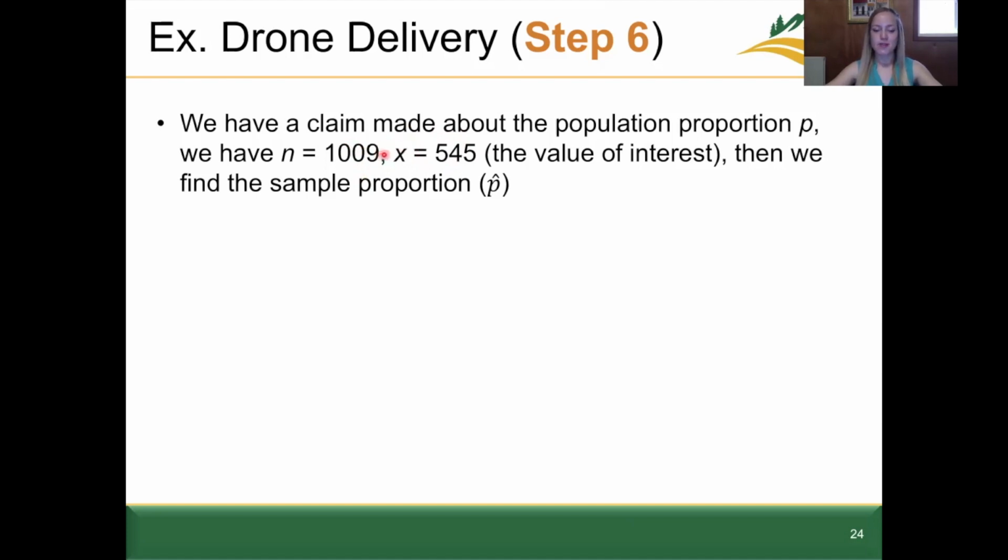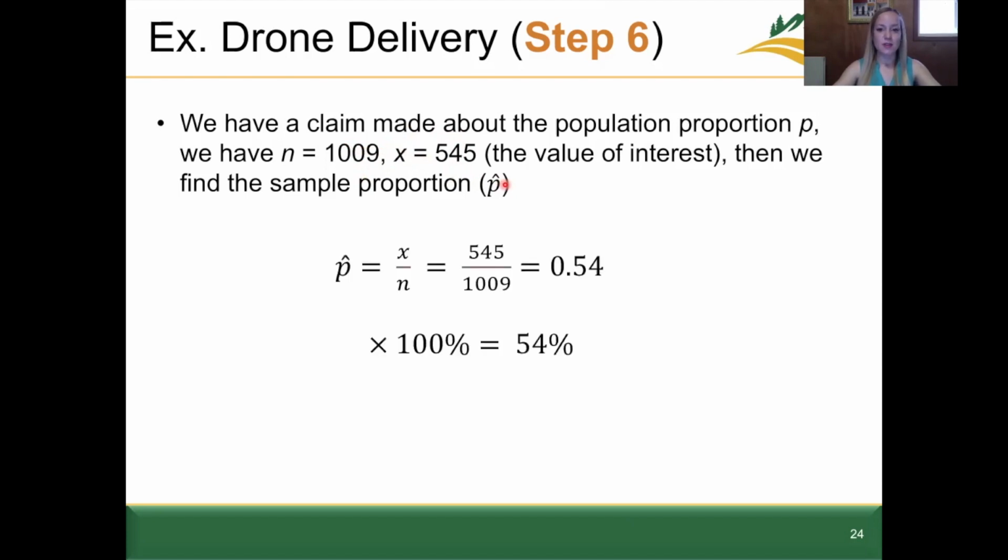Then we've already sort of done this next step, but we're going to find the sample proportion, or p hat specifically. Now, this should be fairly intuitive, but if you want to think of it in this way of an equation, you can do so. So we're going to find p hat, the sample proportion, as our x value of interest divided by the total number of samples. So here that's 545 out of 1,009, that's 0.54.